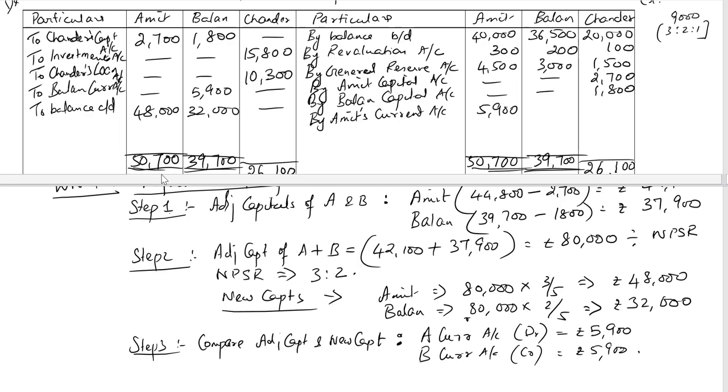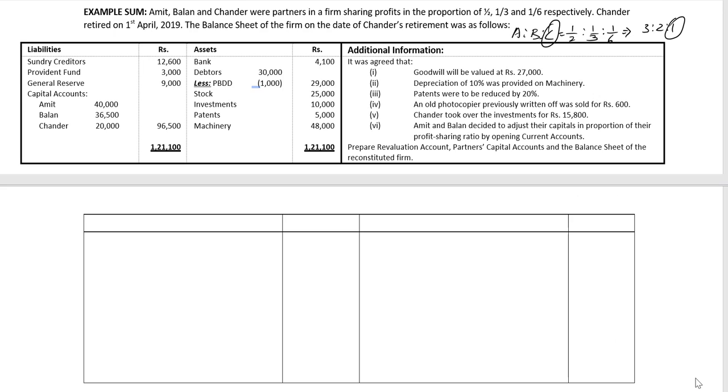So let's go ahead with the balance sheet as at 1st April 2019. Left side liabilities, right side assets.